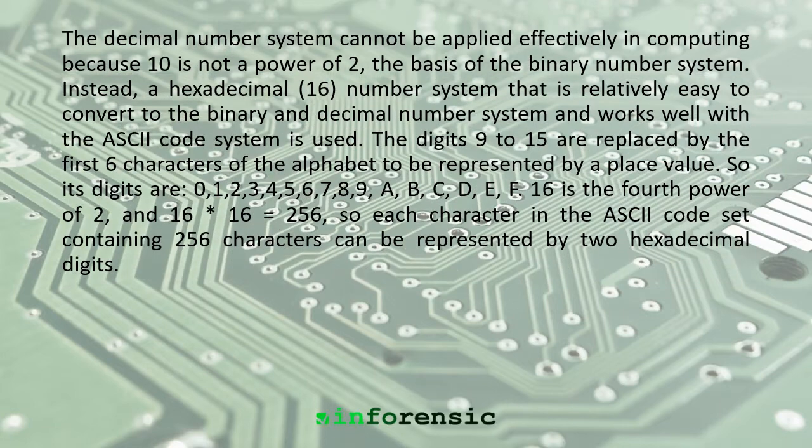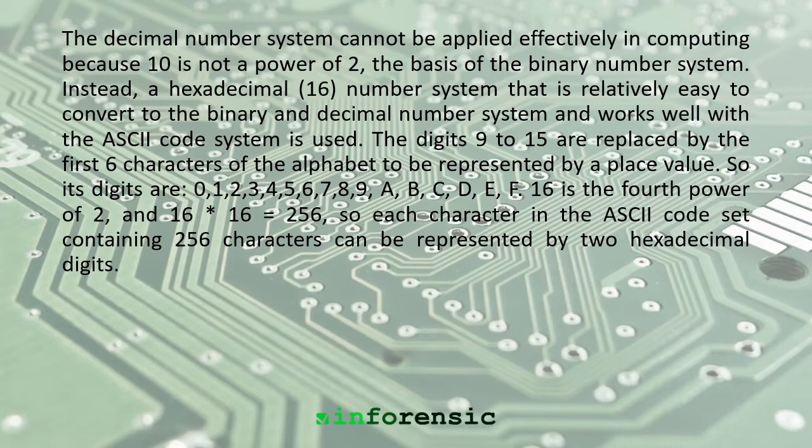The decimal number system cannot be applied effectively in computing because 10 is not a power of 2, the basis of the binary number system. Instead, a hexadecimal, base 16, number system is used, which is relatively easy to convert to the binary and decimal number systems and works well with the ASCII code system. The digits above 9 up to 15 are replaced by the first 6 characters of the alphabet, to be represented by a single place value.